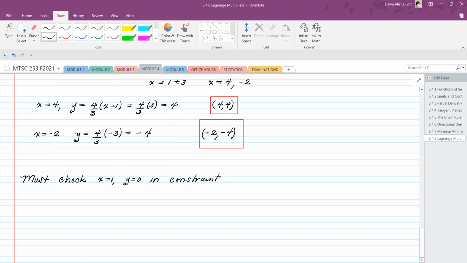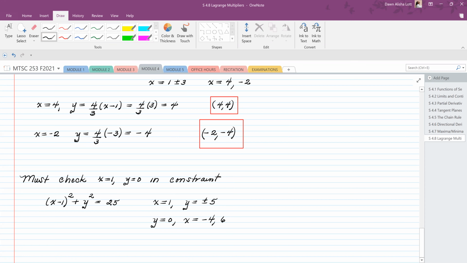Okay, so remember the constraint was x minus 1 squared plus y squared equals 25. So if x is equal to 1, we get y is equal to plus or minus 5. And if y is equal to 0, we get x is equal to -4 and 6.